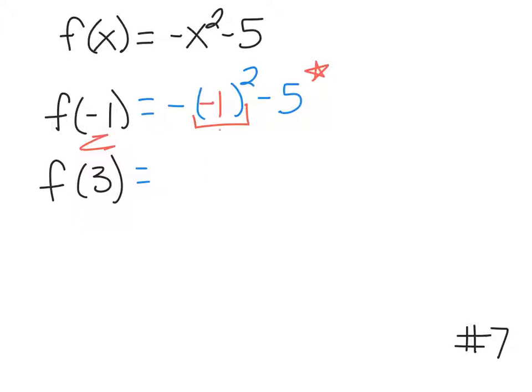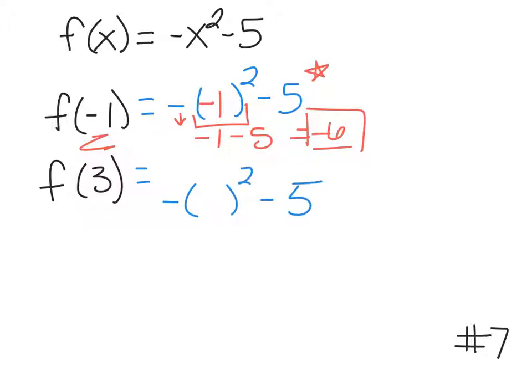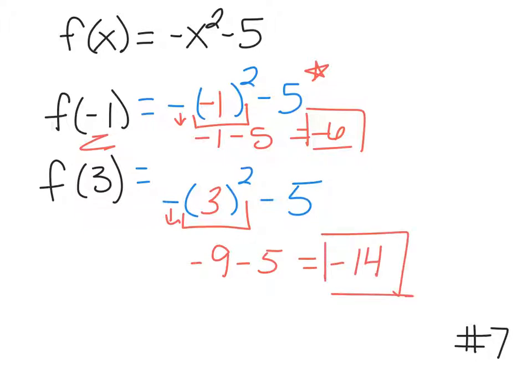Otherwise, -1 squared is +1, bring down this negative, -5, therefore your answer is -6. Same thing here. Negative parentheses for x squared minus 5. When I evaluate at 3, 3 squared is 9, bring down the negative, therefore I have -14. And like I said, if I had to guess, you probably forgot the parentheses.